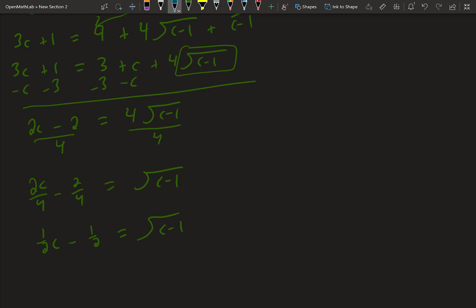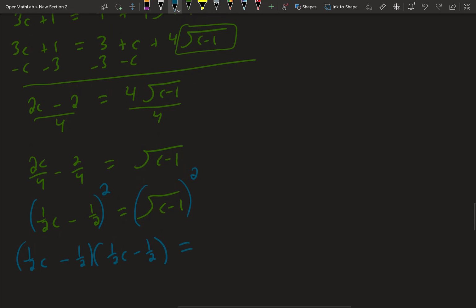So now the same kind of idea applies. I want to get rid of this square root so I can square both sides. So this left-hand side is 1/2 c minus 1/2 times 1/2 c minus 1/2, right? The exponent of 2 means I multiply it twice. And squaring a square root, it just cancels that out.